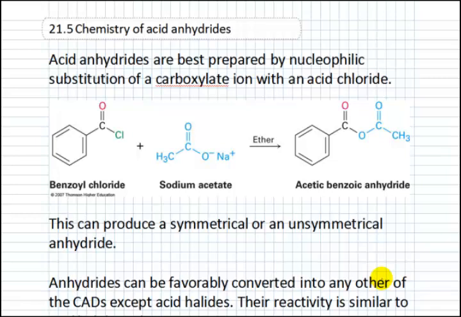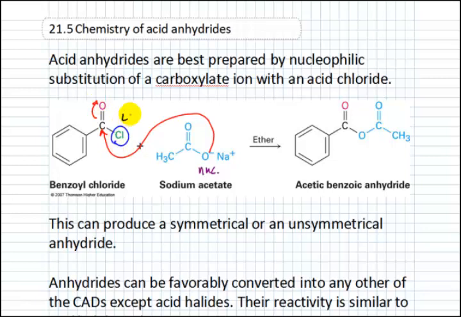So earlier we saw a method of preparing simple anhydrides just by dehydrating simple carboxylic acids. Well, a much more general way of making anhydrides is by a nucleophilic substitution reaction. If our nucleophile is a carboxylate ion, right here, CH3C double bond O minus, that's sodium acetate, it can attack the carbonyl of an acid chloride, bringing those electrons up.